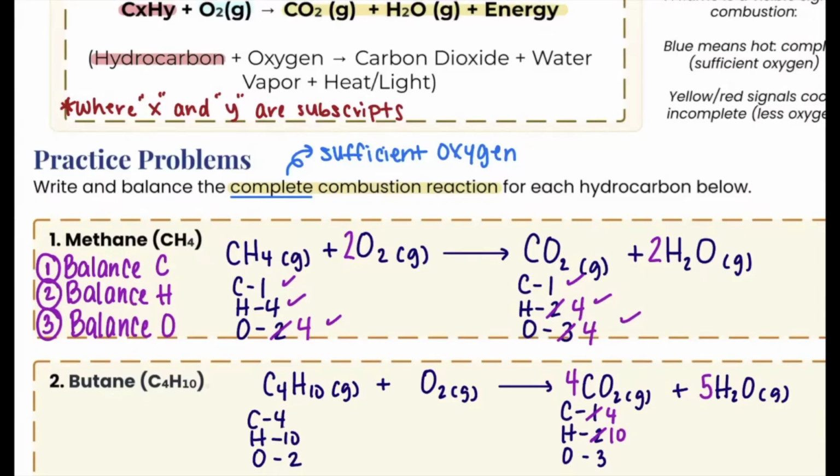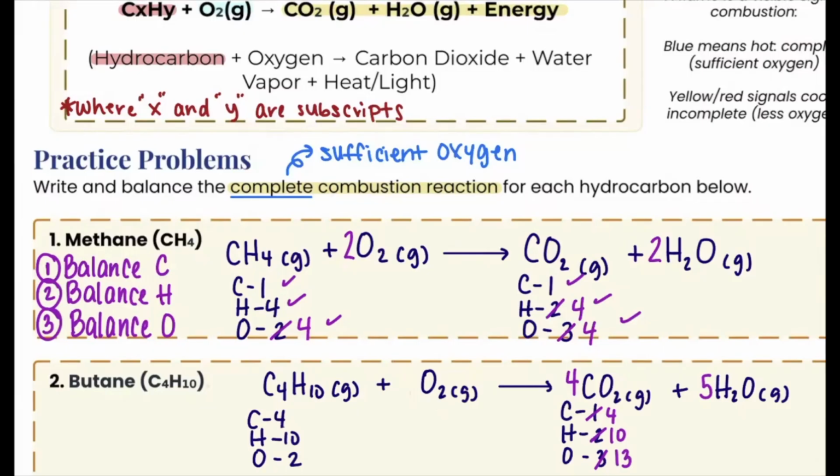Leaving oxygen for last, we have to count on the right side how many we're working with. So we have 5 oxygens from the H2O, and we have 4 times 2 from the CO2, which is 8. 8 plus 5 gives us 13 oxygens in total. Now here's where students often get stuck, because oxygen comes in pairs as O2, right?